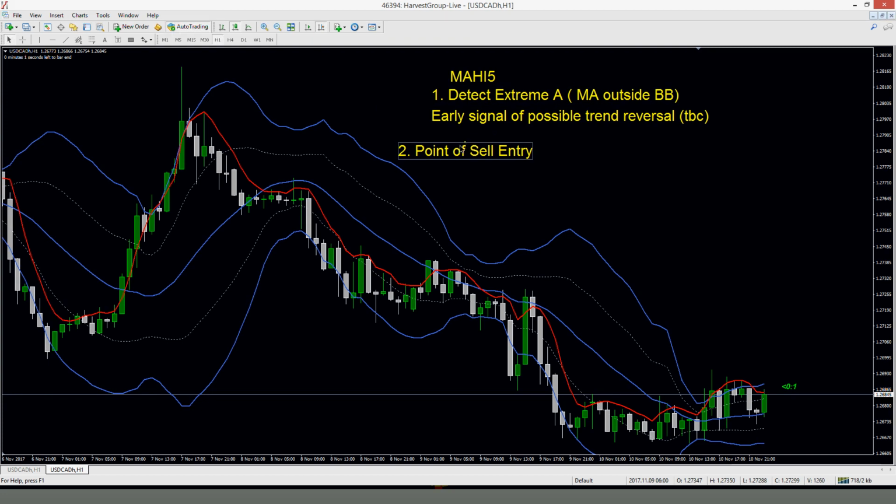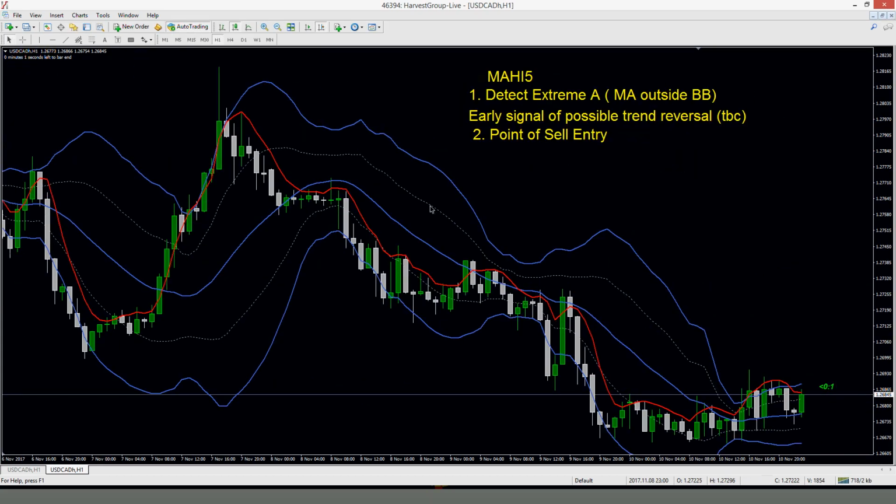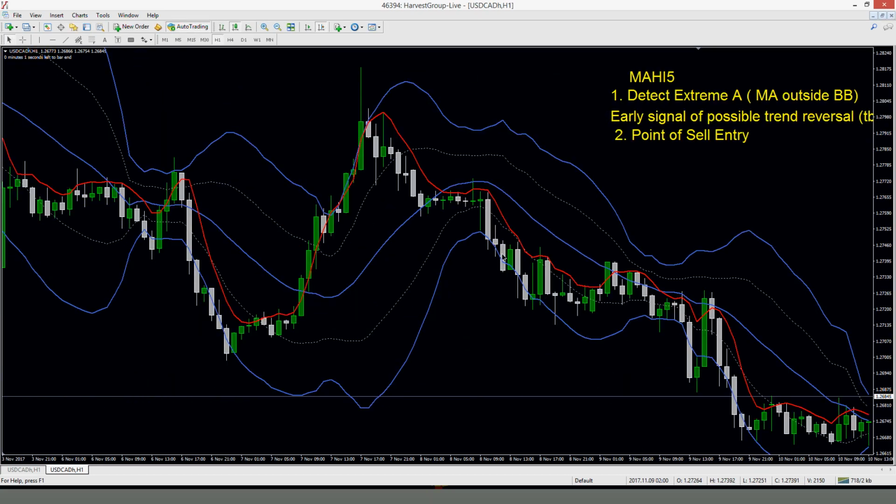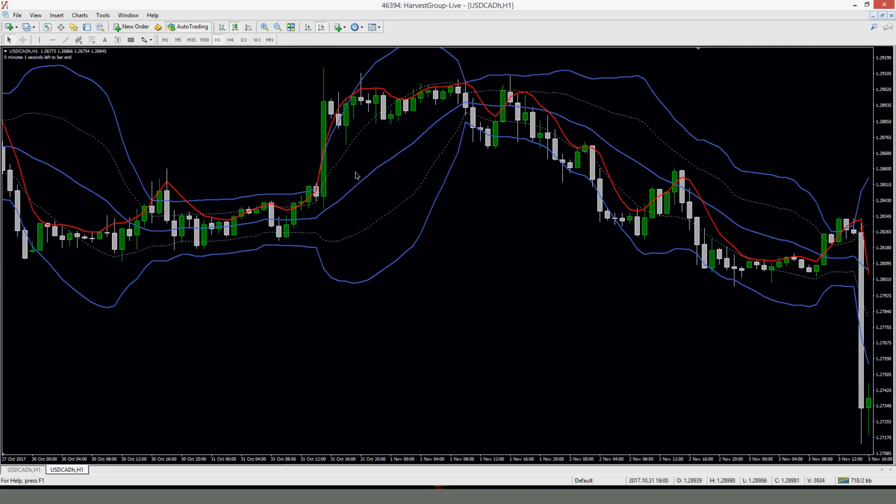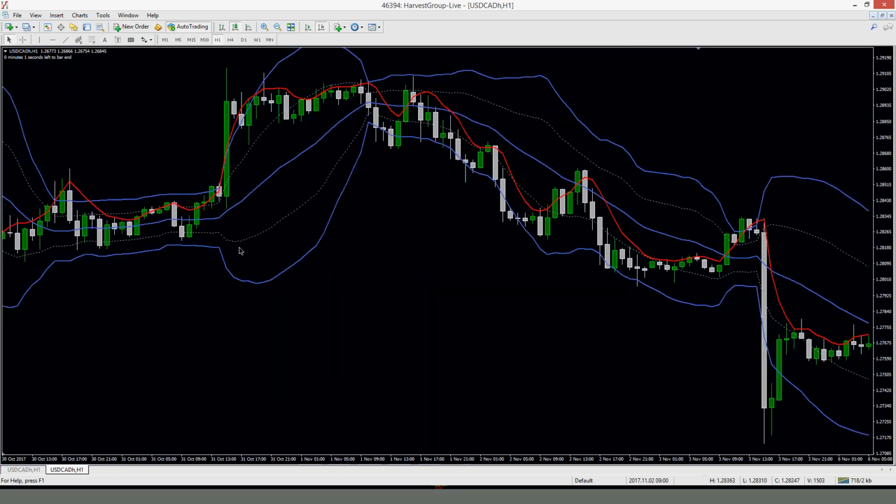So that is extreme A. Let me just scroll over here to find extreme A. So obviously we can find over here that this is an extreme A. The MA is outside of the Bollinger Band.